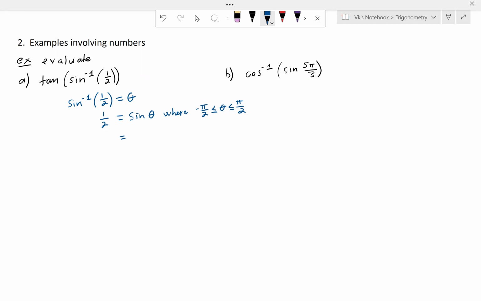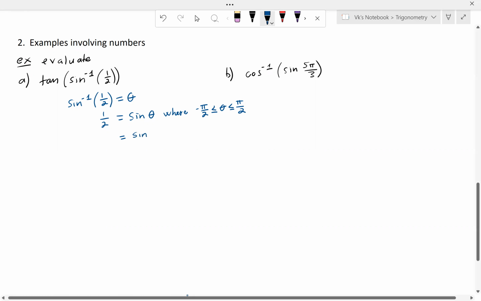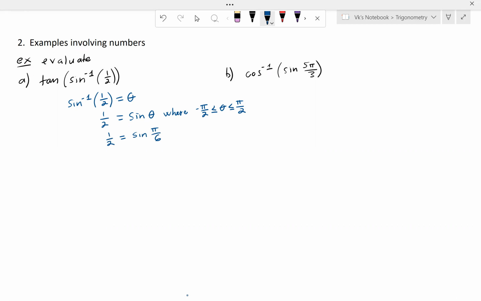So the sine of that angle is exactly a half. And we know sine of pi over 6 is 1 over 2. Therefore, the angle is pi over 6.